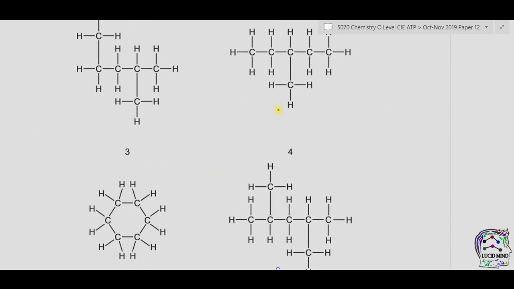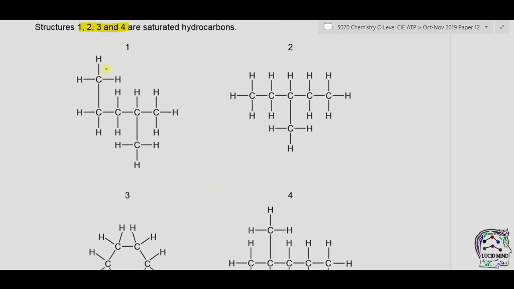Let's find the molecular formulas of the given compounds. This is the first one. We have 6 carbon atoms and 14 hydrogen atoms, so the formula of 1 is C6H14. In 2 again we can see that we have 6 carbon atoms and 14 hydrogen atoms, so the formula is C6H14.